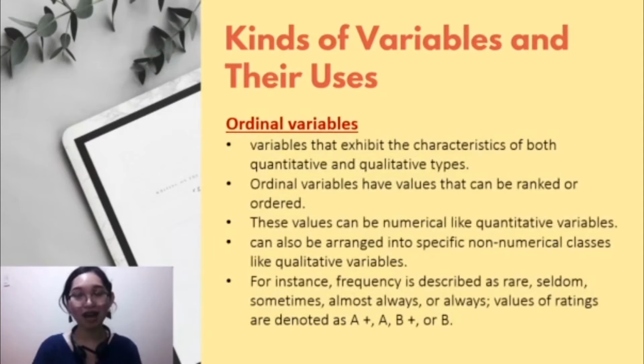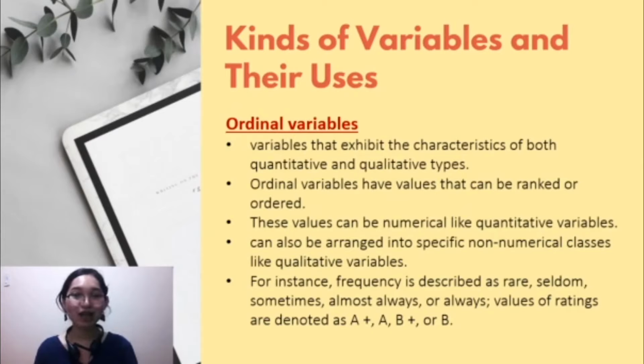Next, we have the ordinal variables. Ito naman si ordinal variable, it is unique in a way that it exhibits the characteristics of both quantitative and qualitative. Again, pwede siya, yung characteristic niya, makikita natin sa quantitative, pwede din sa qualitative. Paano? Ordinal variables have values that can be ranked or ordered.